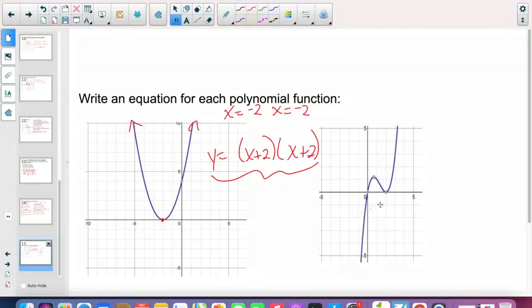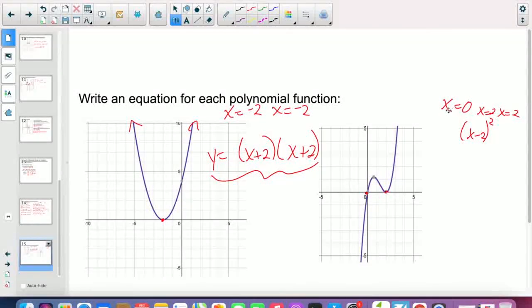For this one, it's got 2 curves, so it's a 3-degree function, so we should have 3 roots. If we're looking at that, the roots, we've got 1 at 0. We've got 2 roots at 2. So that means for the x equals 2, my factors would be x minus 2 times x minus 2. Well, that's twice, so I'm going to just square it.